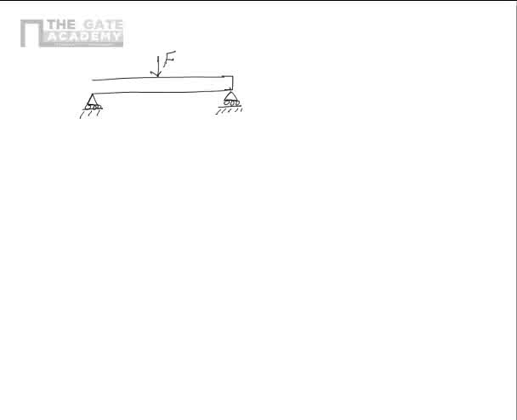Now obviously if I isolate the beam and just take the beam as a one-dimensional figure which is like this, and I apply the force F, let's say the beam has a length L and the force is applied exactly at the midpoint. So I have this force F acting at the center, and I have these two reactions coming to the beam.